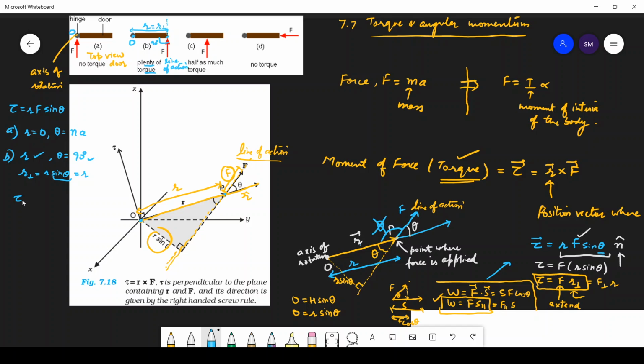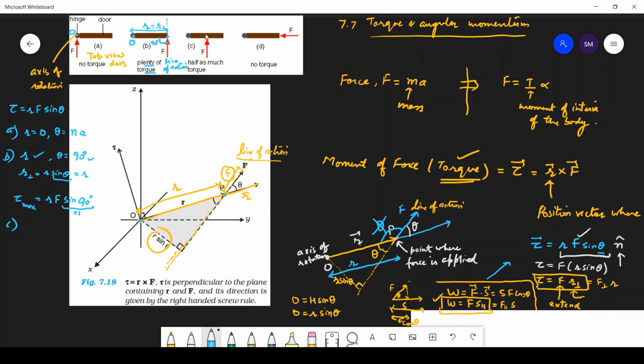So torque is maximum when theta is equal to 90 degrees, because sine theta will be equal to 1, and the maximum value of sine is 1. So torque is maximum in this case.